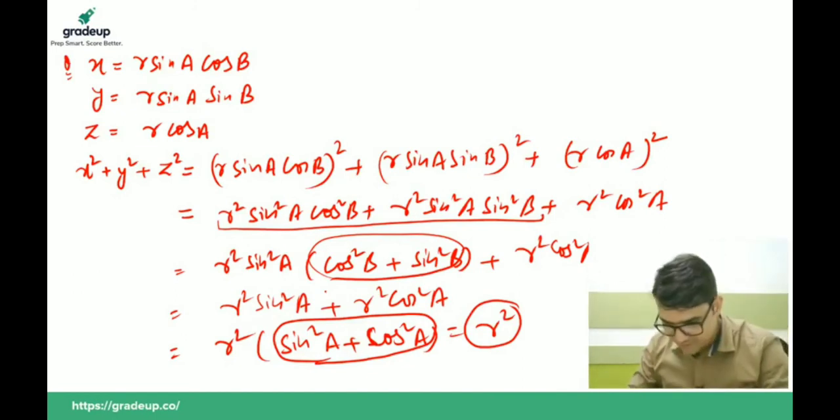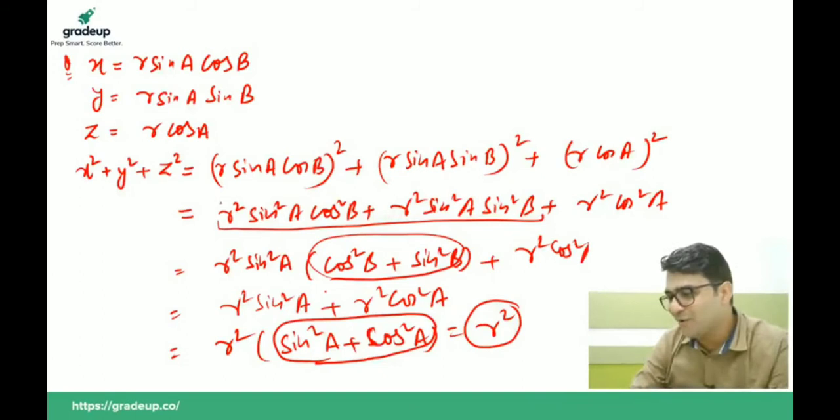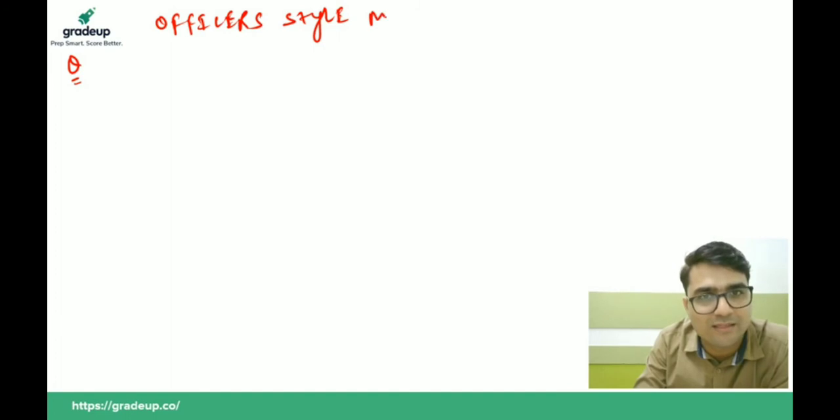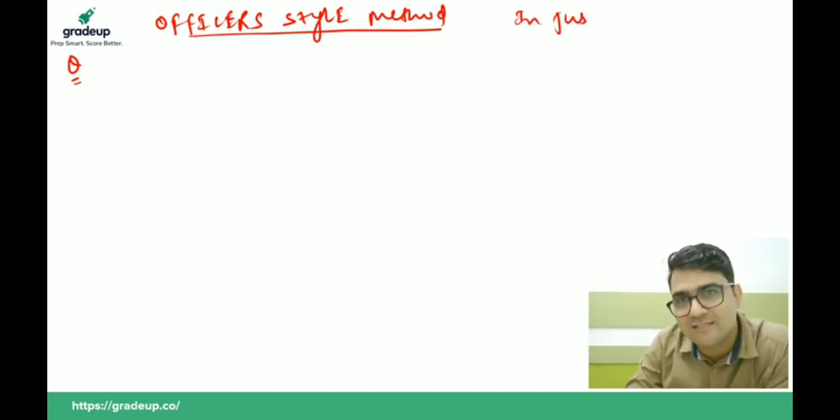All right. Now, guys, what you need to do is, I will write this question again on the next slide. Don't worry. The question is, now the officer style method. Solve this question in just 1 second.